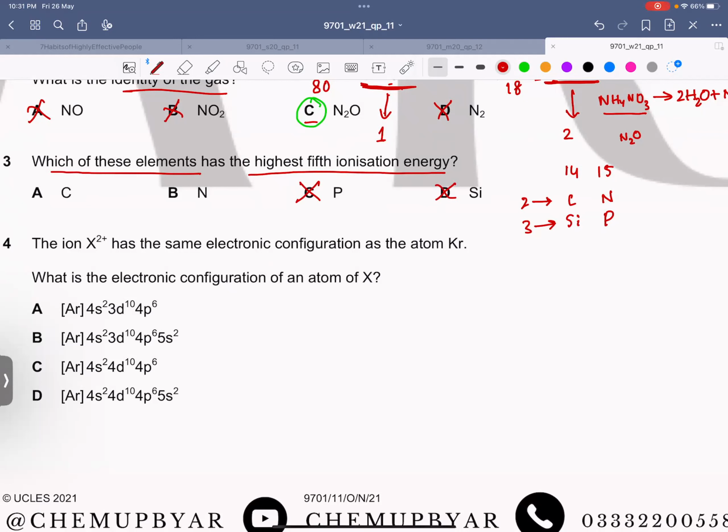So the electrons are further away from the nucleus. Is this point clear to everyone? Now we are left with carbon and nitrogen.